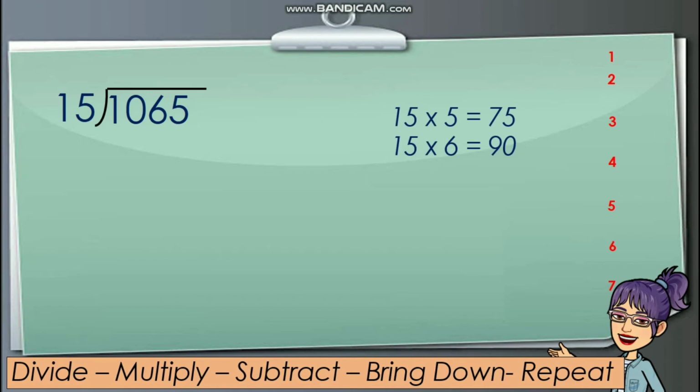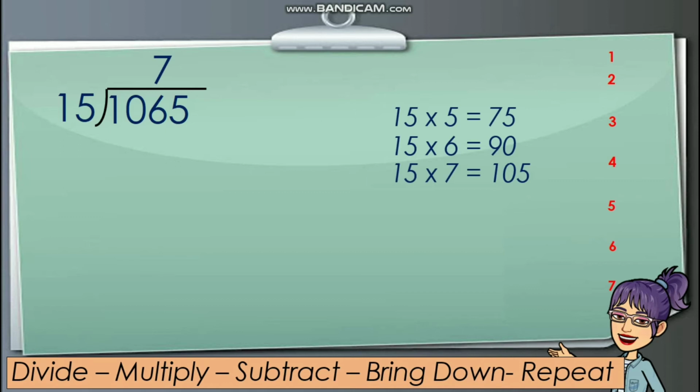Let's try the next number if it is much closer to 106. 15 times 7 is equal to 105. So it's closer to 106, so 106 divided by 15 is 7. We are going to write our quotient aligned to 6.